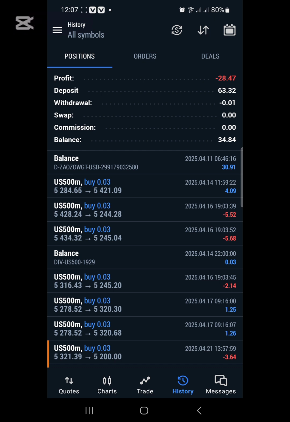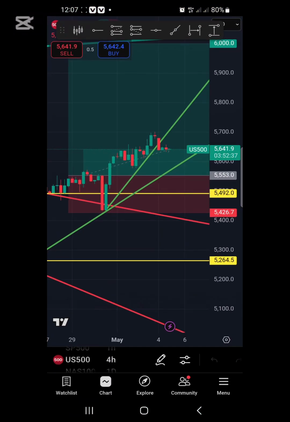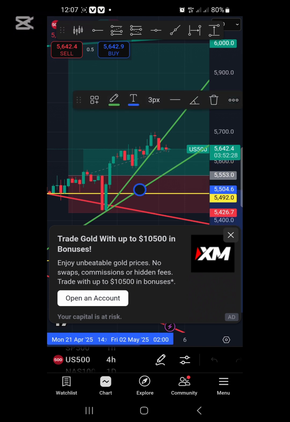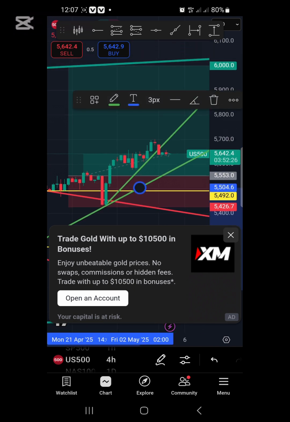Initially, what I wanted to do was hold on to the trade and not have this steep trend, just leave it on this one and hope that it's going to go up to 60,000.